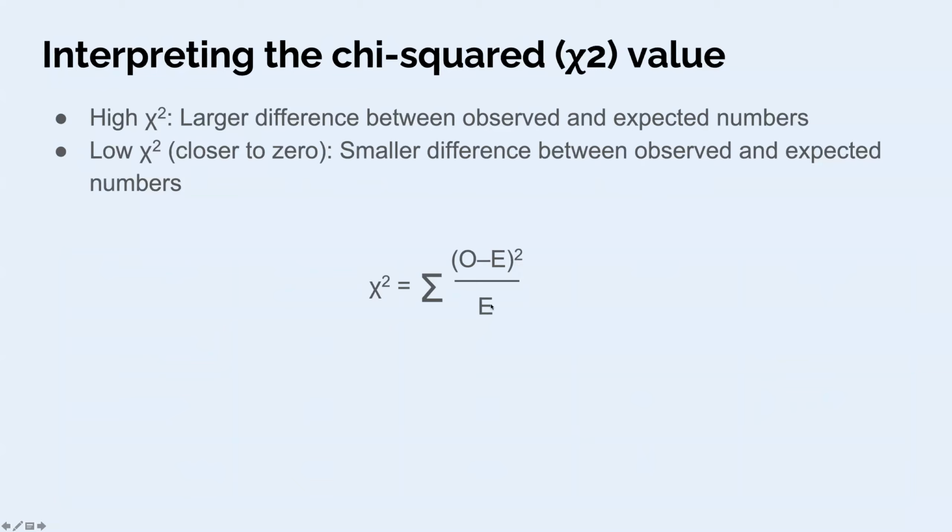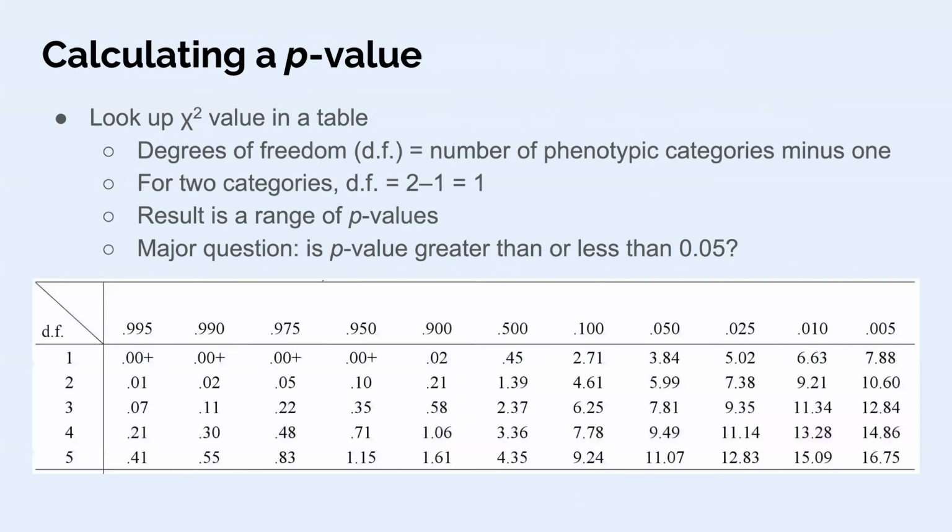So if it's large relative to the expected, you get a big number for that category, and you might get a big number across all categories. If the chi-squared value is low, that means the observed and the expected were relatively close to each other, and the difference between them was relatively small. If you're mystified by the numbers, you can just think about big or small. Big is far from expectations, small is closer to expectations.